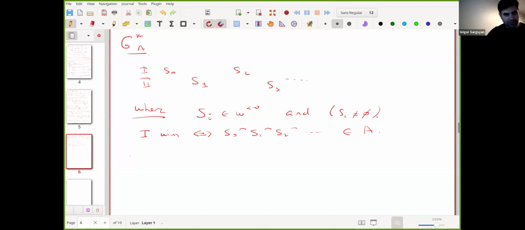Okay, so the theorem we want to prove is really: A is meager if and only if two wins. Two has a winning strategy.